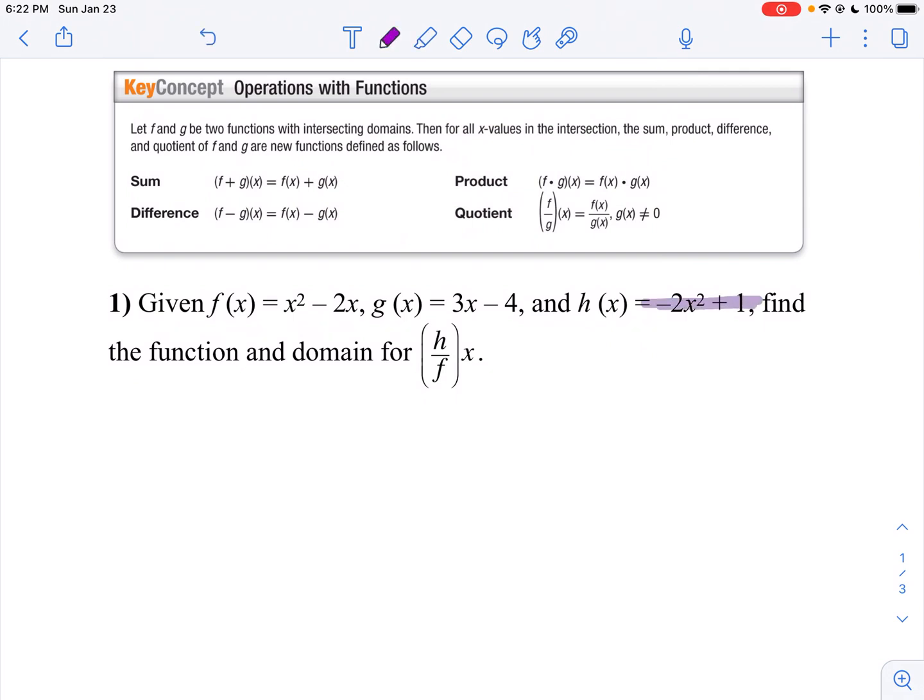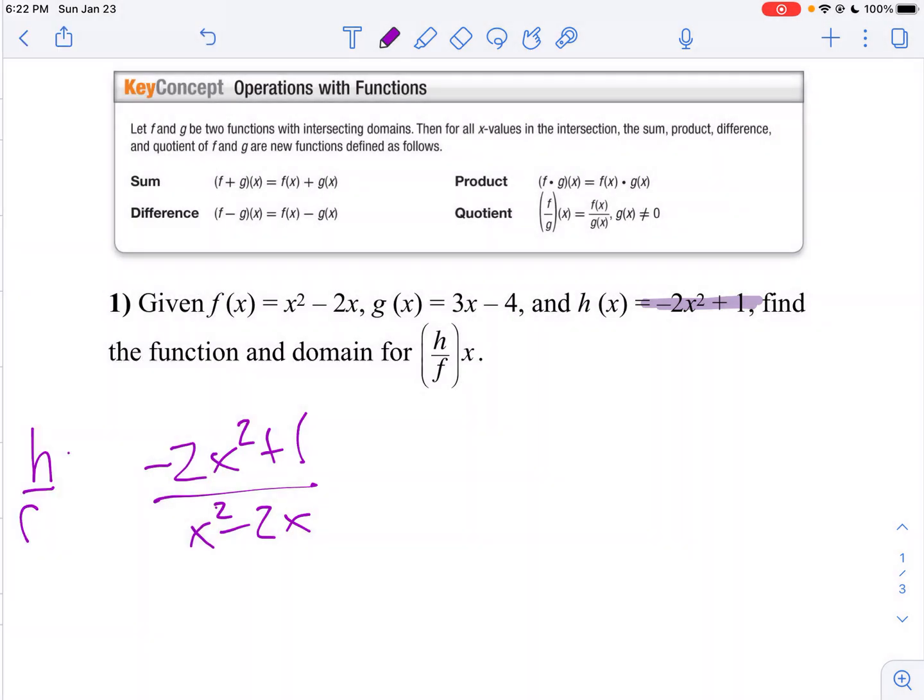So then I'm going to say negative 2x squared plus 1 divided by, I'm going to divide by f, so that's going to be x squared minus 2x. And if you're not in Algebra 1, do not cross out those negative 2x's, I'll be very upset with you. And that's pretty much just our answer.